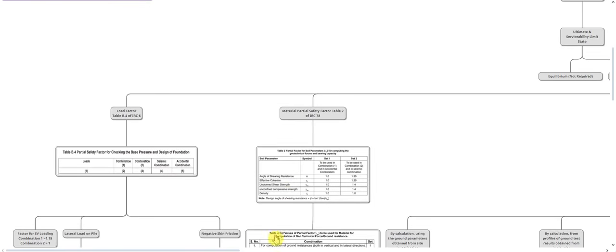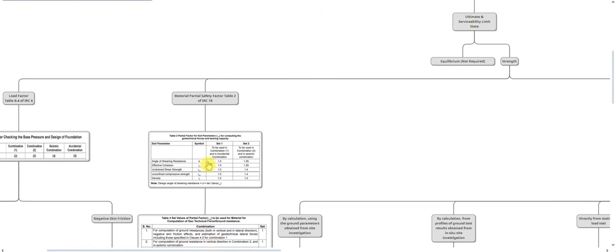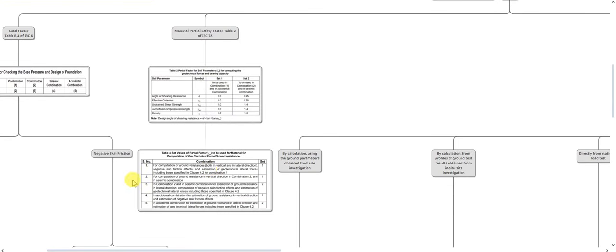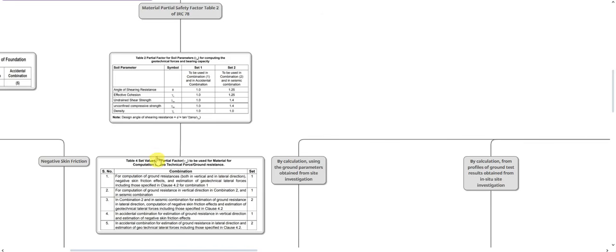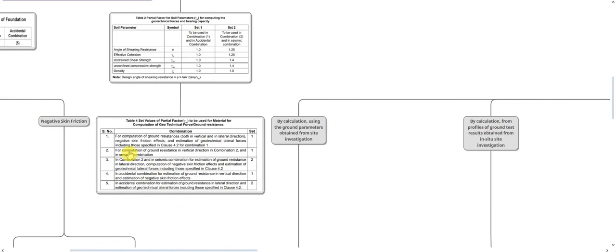Moving on, we have the material safety factor. In that case, IRC 78 suggests we follow table 4. It gives criteria on which set to be used in which condition.